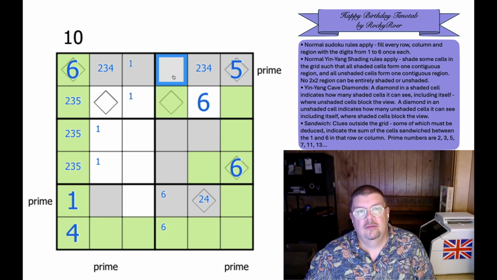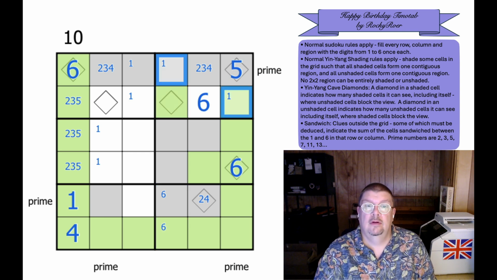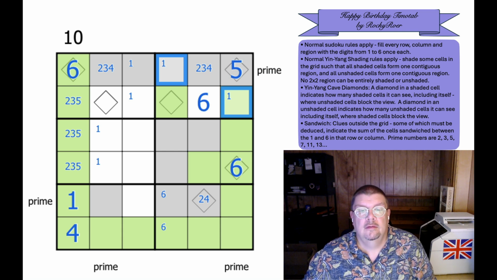That can't be a 1, so one of those two is a 1. We've got a 6 here and a prime. So either we have 1 with 2 or 3 there, or we have a 1 with 2 or 3 there. I don't see any obvious way to resolve that just yet.